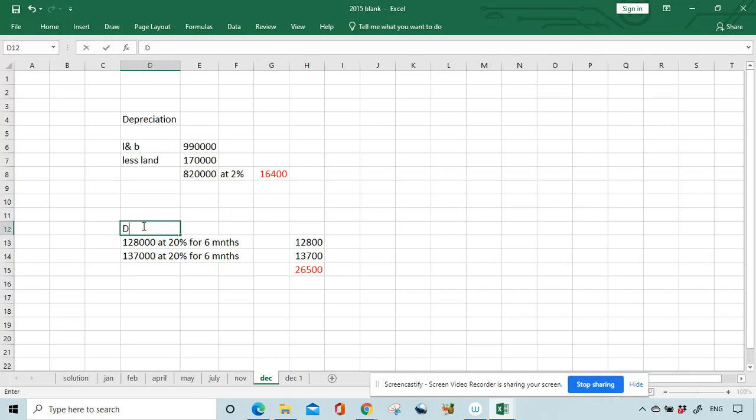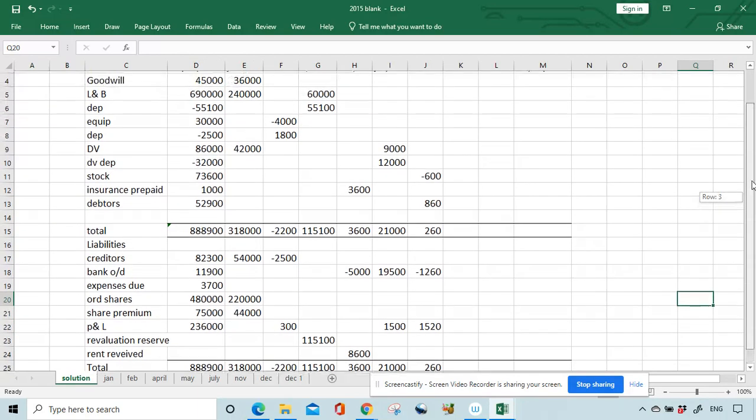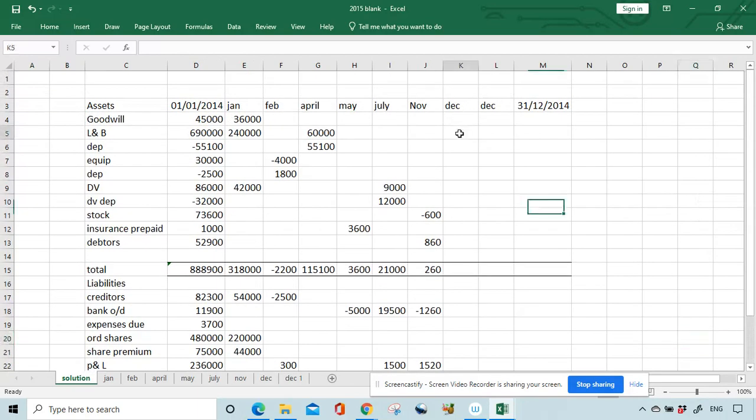My delivery vehicles I have done here. So remember, I did it in my main note. I had 120,000 at 20% for 6 months, and I had 137,000 at 20% for 6 months, 26,500. So if I go back to my solution, my depreciations, so land and buildings minus 16,400.